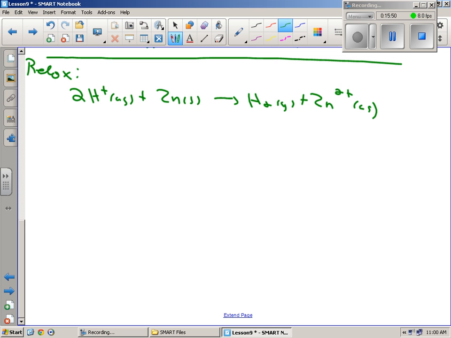Nope, I don't think so. Zinc, I think, is way farther down there. Below what? Right below it? Are you sure? Well, we're going to go with this.